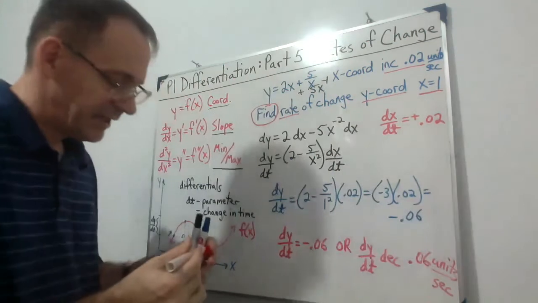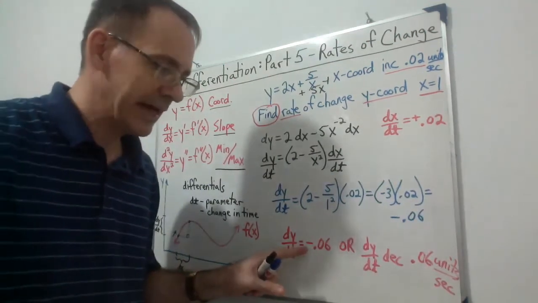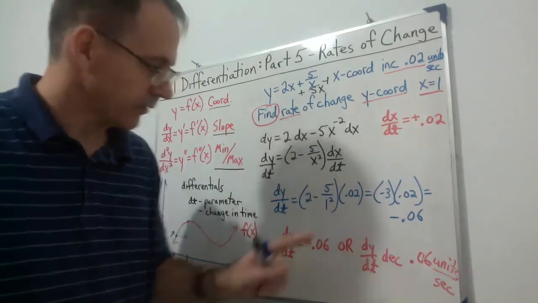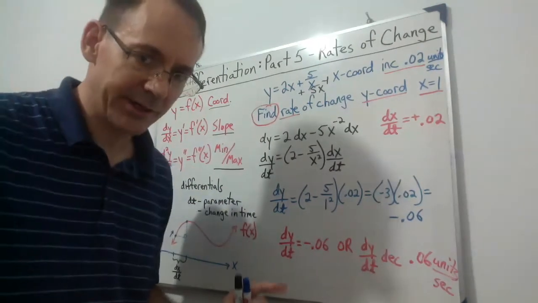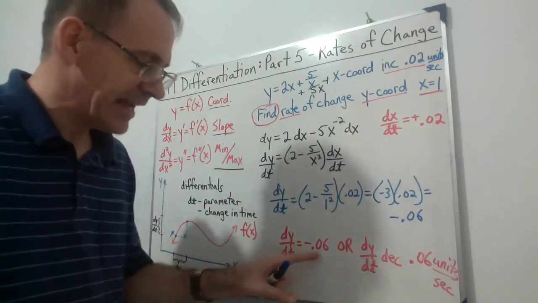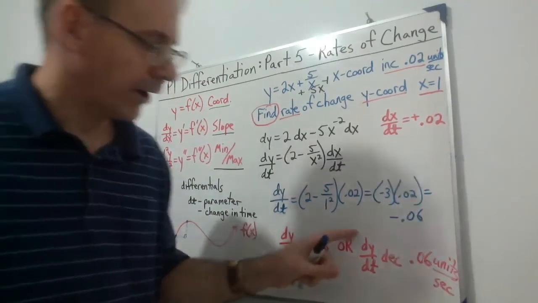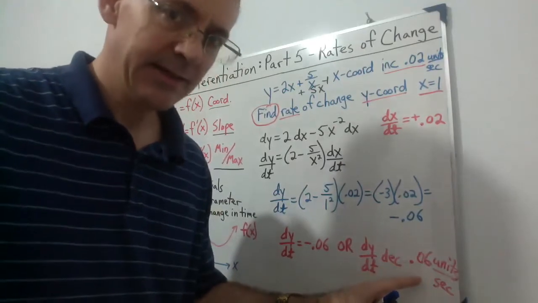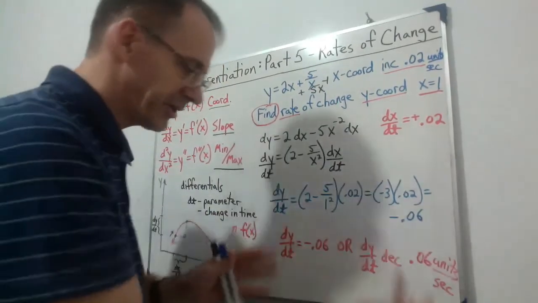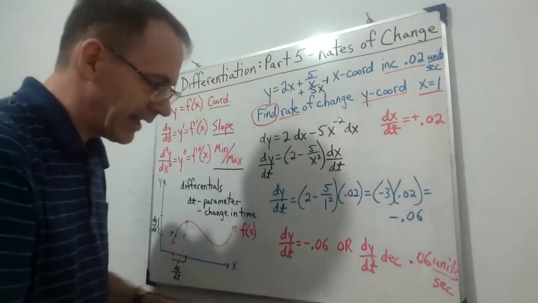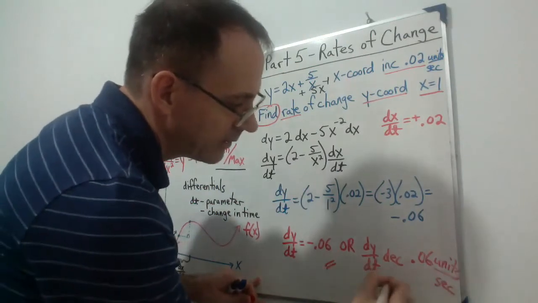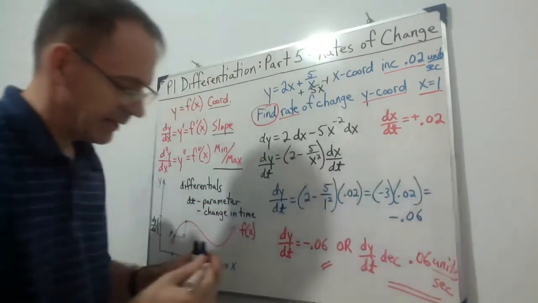So you need to either show the negative sign or you need to say that it's decreasing. You should not put the two together. So it's either changing at a negative value or it's decreasing at a positive value. So make sure you're careful, but either way is acceptable, this way or this way here.